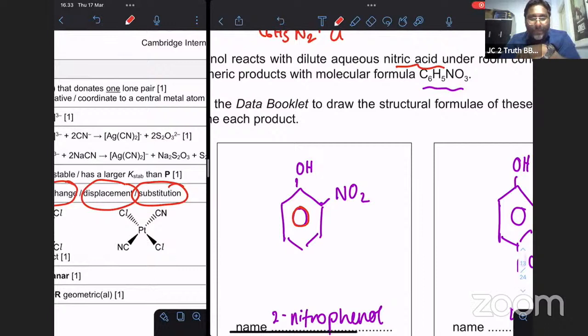So if a normal reaction needs a catalyst and heating, for phenol you don't need that, because the electron density is higher, so the reaction is much more readily available.